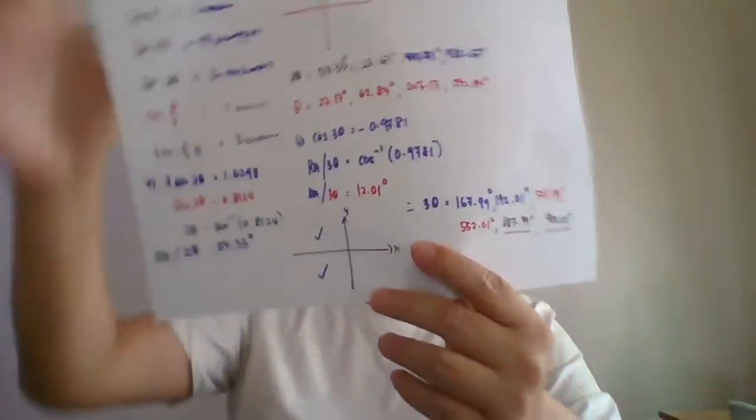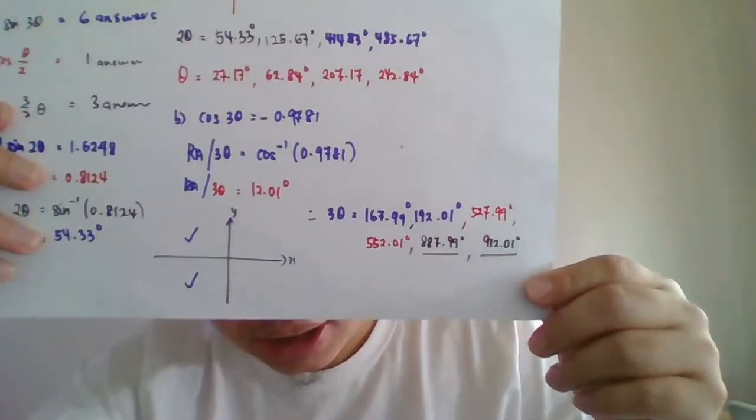So korang ambil 720 tambah dengan first answer 167.99 dan korang akan dapat berapa ni? 887.99. And the final answer 720 plus 192.01, 912.01 degree. Okay, this is the whole answer for 3 theta.